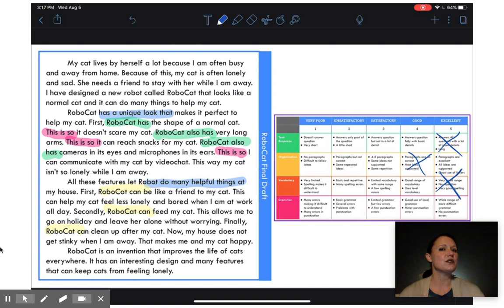So I know those 2 structures are perfect. I also know, because I speak English as my first language, that all of the articles, pronouns, prepositions, count and non-count, complex and compound sentences, and, or, but, so, all of those are also correct. So this is an excellent grammar essay.